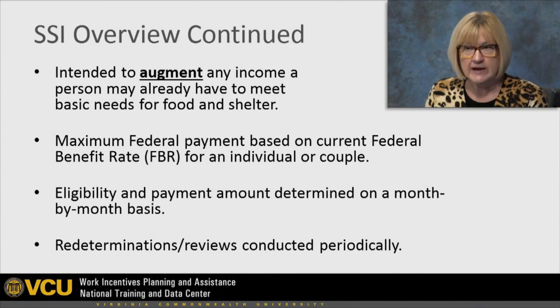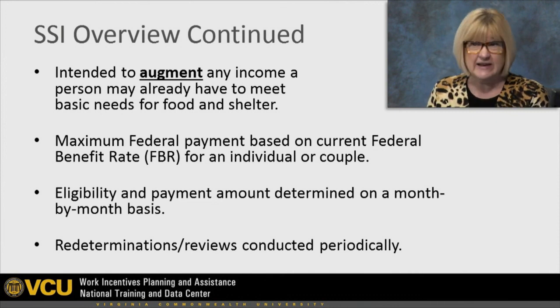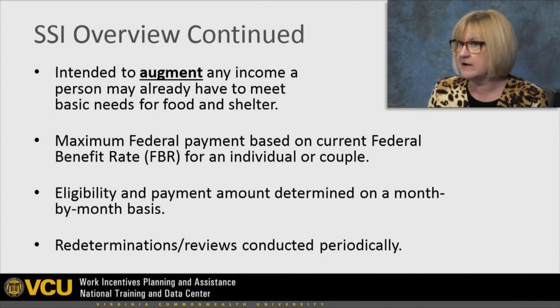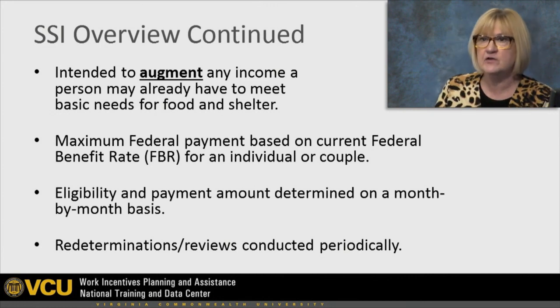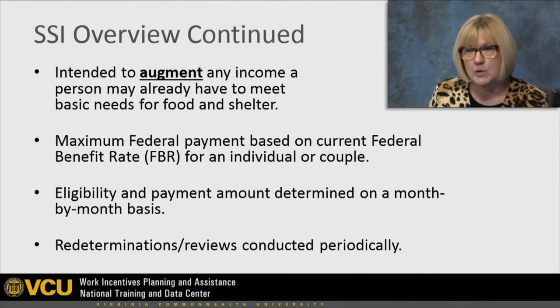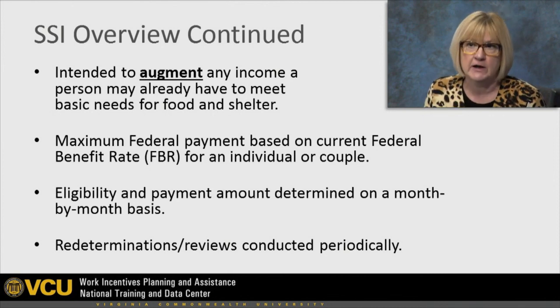Now, eligibility and payment amount in the SSI program are literally established on a month-by-month basis. That doesn't mean that Social Security contacts every SSI recipient every month and says, okay, how much did you have in the bank? How much income did you receive? What was your living arrangement? That would be unmanageable. They have a redetermination process that occurs periodically.